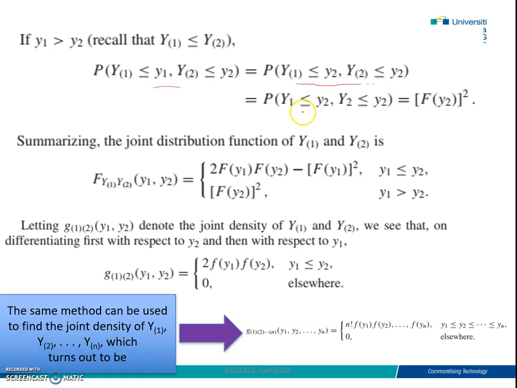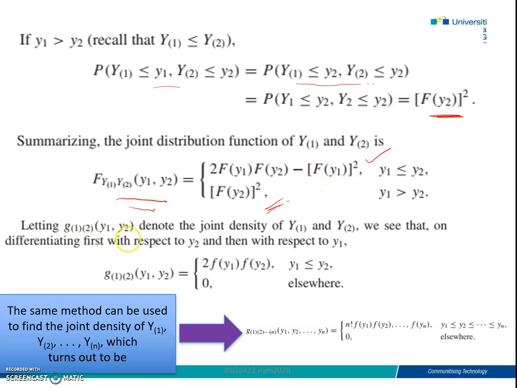Because of independence, you have the distribution function of y2 times the distribution function of y2, so when you multiply, you get the distribution function of y2 squared. Then you summarize the joint distribution function of y1 ordered and y2 ordered. If y1 is less than y2, this is the distribution function, but if y1 is greater than y2, you have this distribution function.